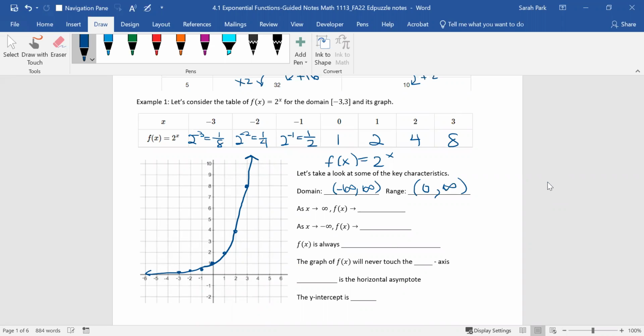to infinity. As x approaches infinity, so that means as we go to the right, the y value, f of x, approaches also infinity. As x approaches negative infinity, so as we go left, the y value, f of x, actually approaches 0. f of x is always increasing. When we say that, we mean always increasing from left to right.